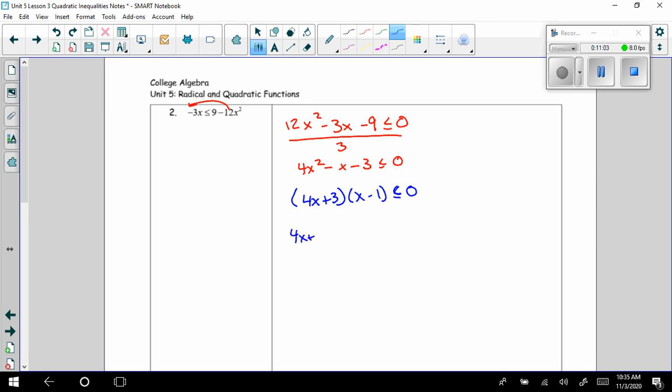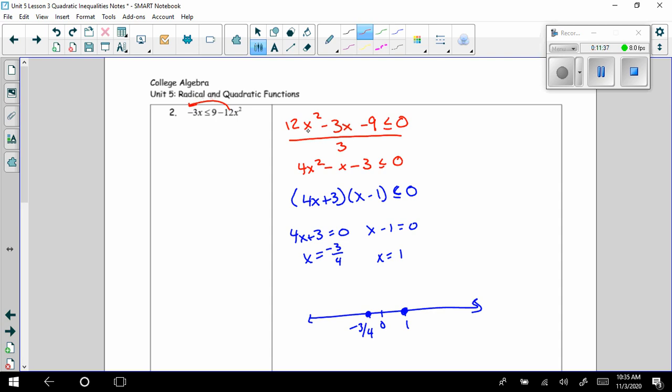So if 4x plus 3 is equal to 0, then x is equal to negative 3/4. And if x minus 1 equals 0, then x is equal to 1. In terms of our number line, we have solid circles at both negative 3/4 and 1. Again, we need to know what the values are when we plug into our expression.